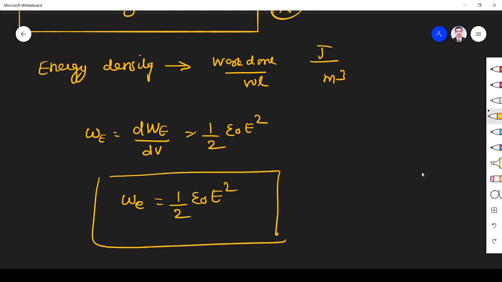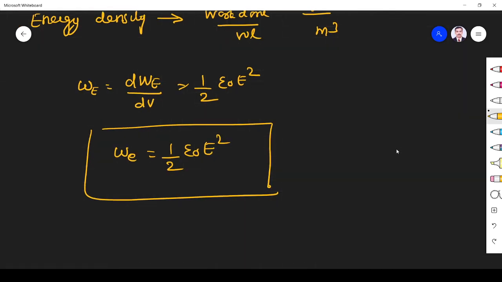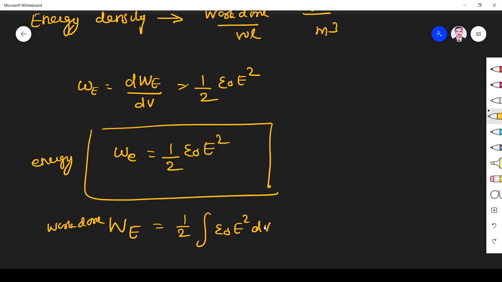Fine. So the work done to assemble the charges is given by capital W_E, that is equal to 1 by 2 ∫ epsilon naught E square dV. Right. So these are the two equations which are very important.